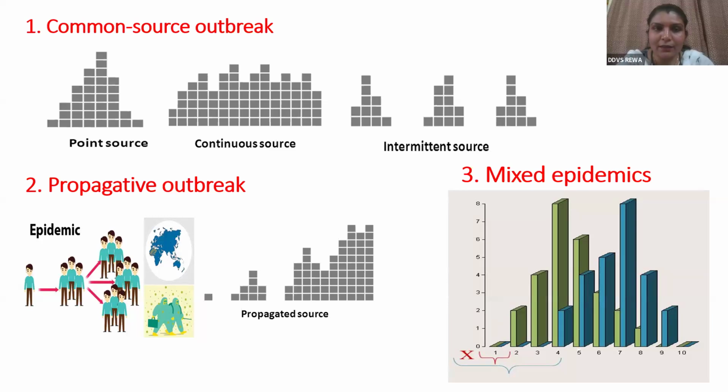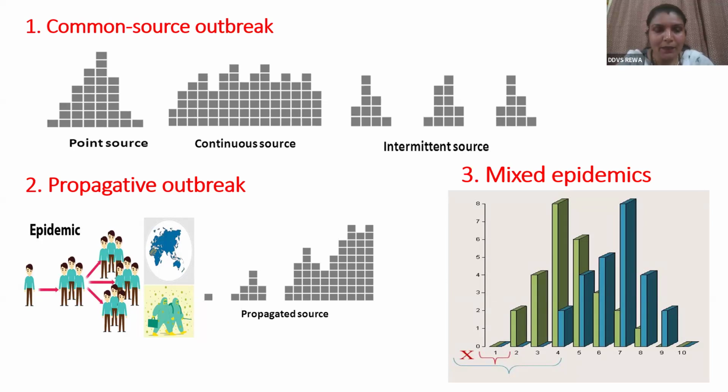In the continuous epidemic, there are a number of peaks, and the exposure is over a long period. In the intermittent epidemic, there are a number of epidemic curves with some time interval.